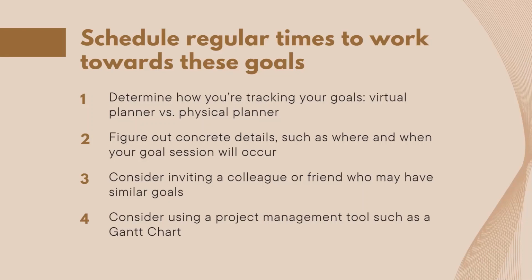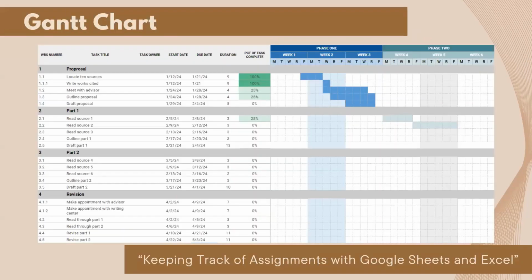You could also consider using a project management tool such as a Gantt chart just to help develop your plans. So this is what a Gantt chart looks like. This is basically a project management tool that, again, helps you map out step-by-step goals.